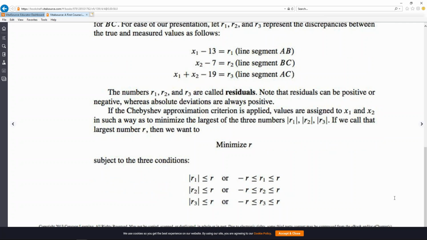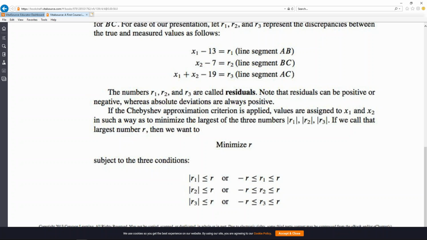Because we assume that R is the largest one, R has to be larger than or equal to the absolute value of R1, that is, the absolute value of R1 is less than or equal to R. The same happens to the other two as well: the absolute value of R2 is less than or equal to R, and the absolute value of R3 is less than or equal to R.